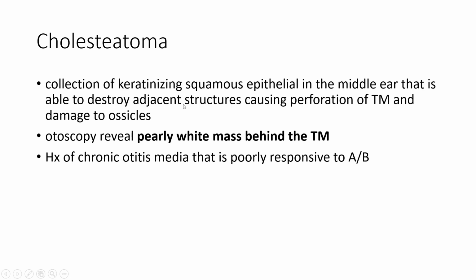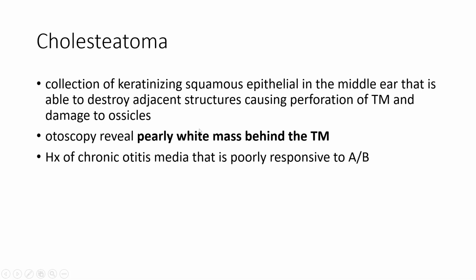Then we have tympanosclerosis, where we have a chalky white deposit on the tympanic membrane. I place these two together, tympanosclerosis and cholesteatoma, because tympanosclerosis has this chalky white mass on the tympanum, while cholesteatoma has a pearly white mass behind the tympanic membrane.